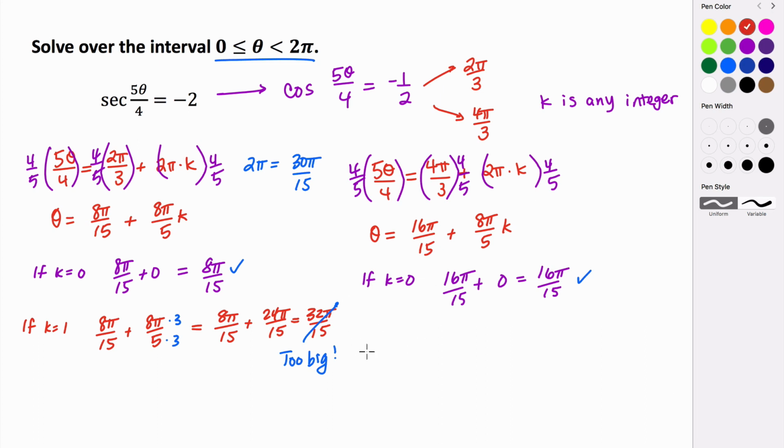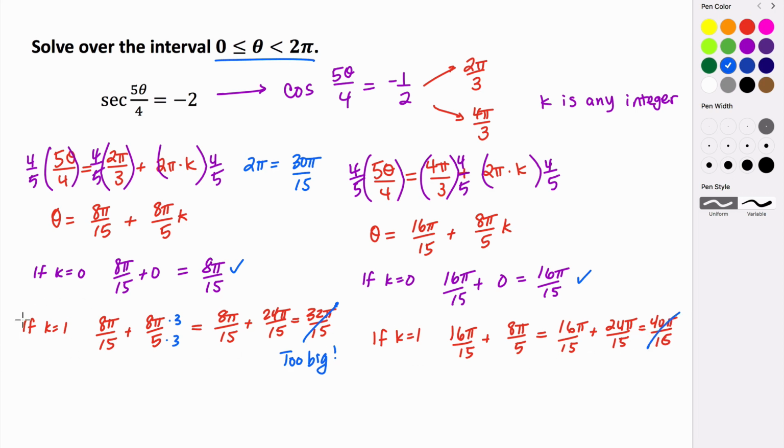Let's do the same thing for the second one. If k equals 1, we get 16 pi over 15 plus 8 pi over 5, which is 24 pi over 15 when we get a common denominator. So 16 pi over 15 plus 24 pi over 15 is 40 pi over 15, which again is too big, so that will not be a solution.